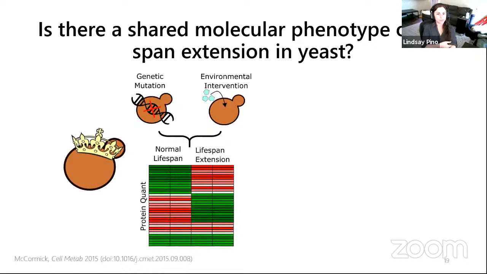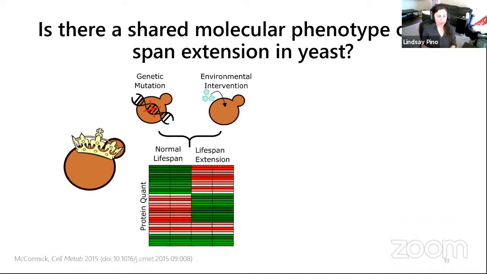So in the context of biology, I had mentioned earlier how we now have these giant maps of looking at differential abundance as a molecular phenotype for different perturbations and different molecular subtypes.